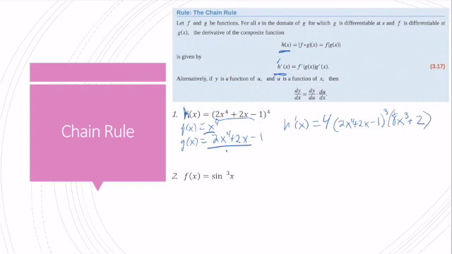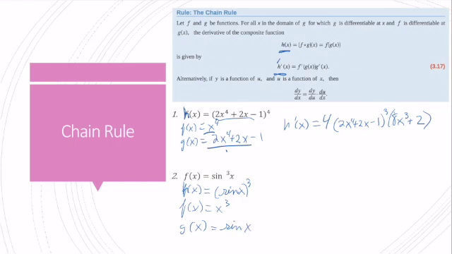Now what if I have sine cubed of x? Okay, we can rewrite this as sine of x cubed. So again, my outside function is just x cubed, and my inside function is sine.